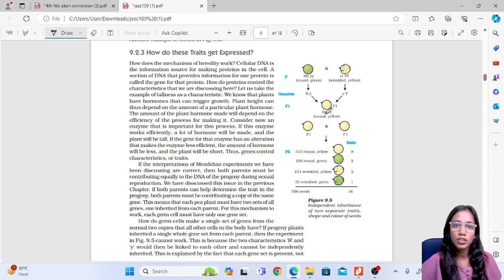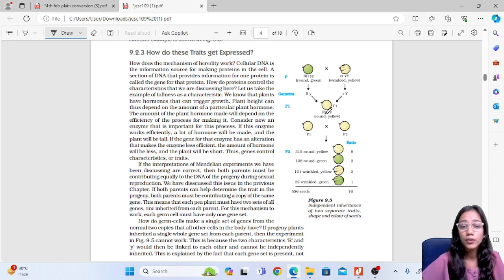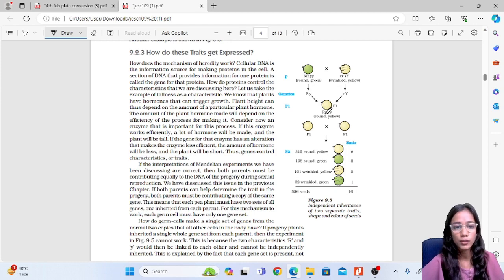It can be expressed in the second generation when there is self-pollination. So the dominant trait is the one which is expressed and it suppresses the recessive character, and recessive is the one which gets suppressed by the dominant one and gets expressed in the second generation. So over here it is important to know what are dominant characters, what are recessive characters, and how they are expressed. And it is very important to learn these crosses, the monohybrid cross.